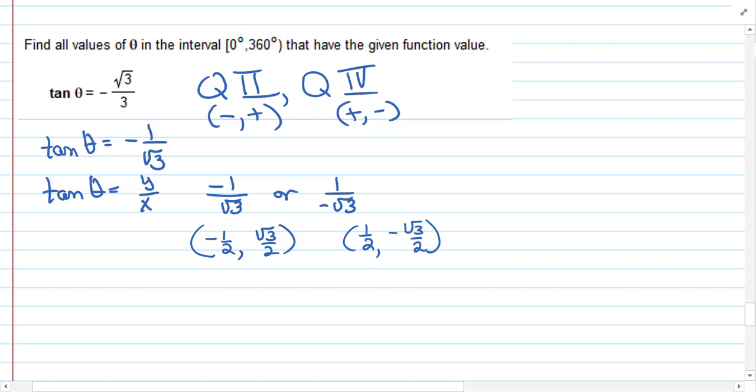So in this case, I'm going to pause. Right here, we have to determine these ordered pairs. Well, this one is quadrant 2, and this one is quadrant 4.